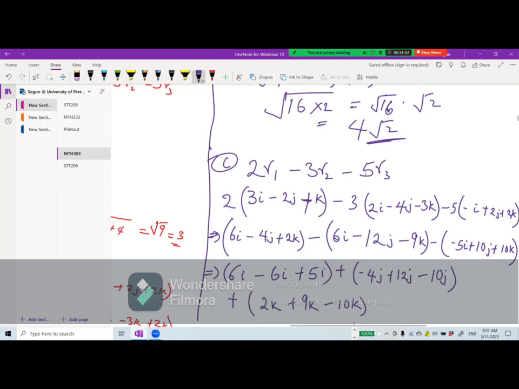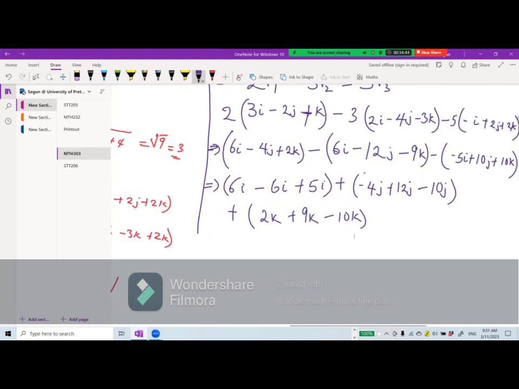So we can proceed by saying that this is 0, we have 5i, plus, let's see whether it's plus or not.